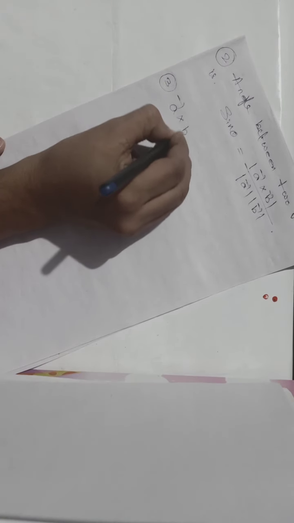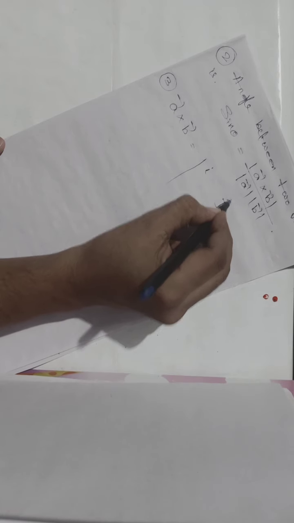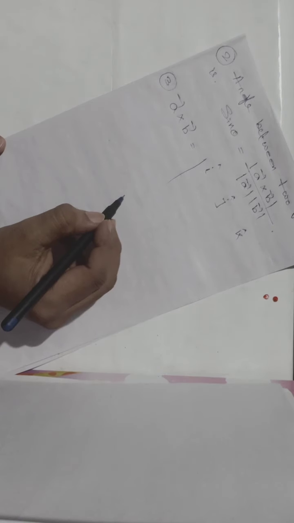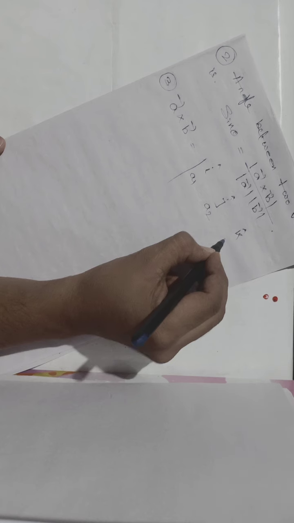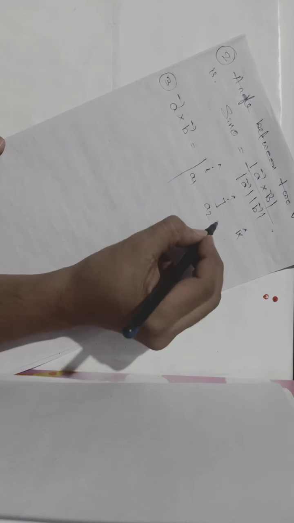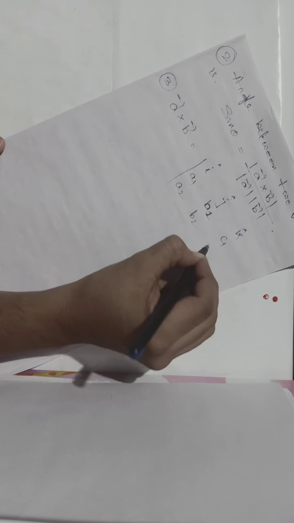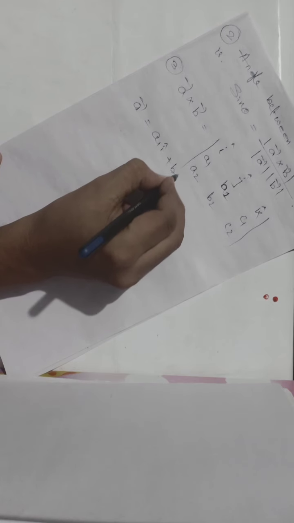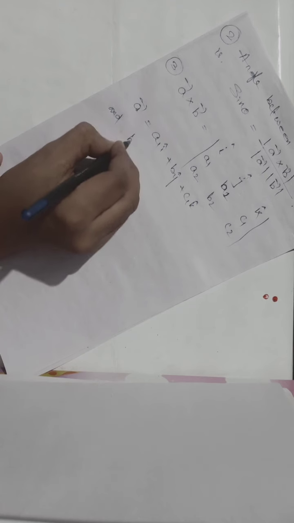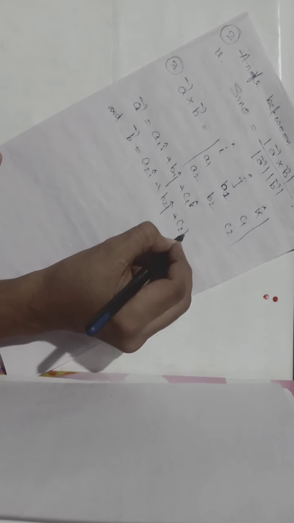Now, how to find A cross B? We can use the determinant with rows I, J, K; A1, B1, C1; and A2, B2, C2, where vector A is A1 I cap, B1 J cap, C1 K cap, and vector B is A2 I cap, B2 J cap, C2 K cap.